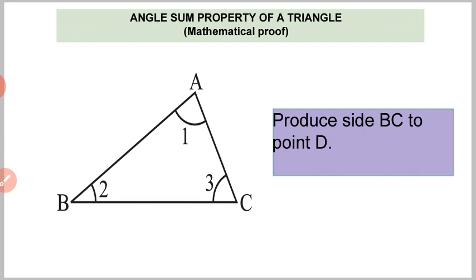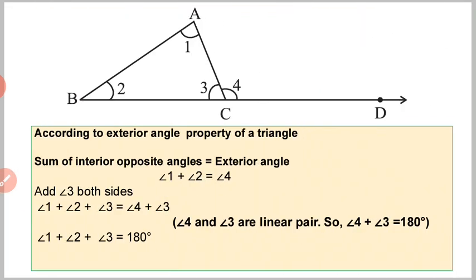Angle sum property of a triangle, mathematical proof. Let us draw a triangle ABC and label all its angles as angle 1, angle 2, angle 3 and produce side BC to point D like this.